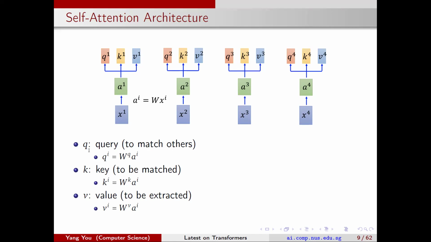We want to build a relationship between 1 and 3, between 2 and 4, between 1 and 4, between 1 and 1. So we need a query to connect with the key of another token. Using my query and your key, we can build a relationship. That's essentially the transformer.